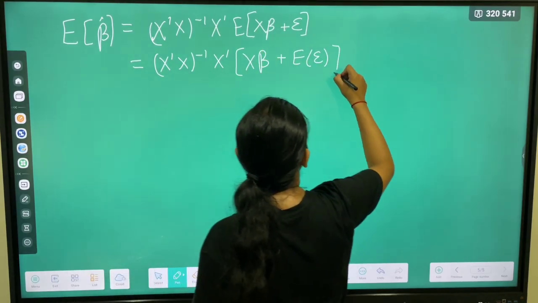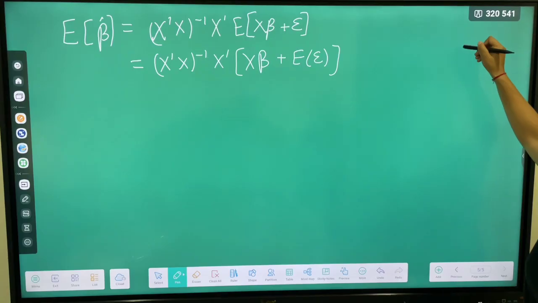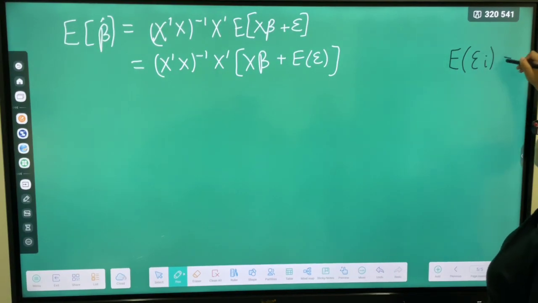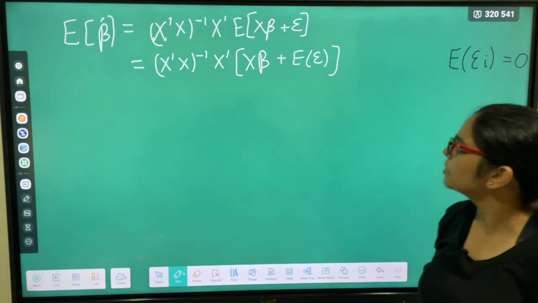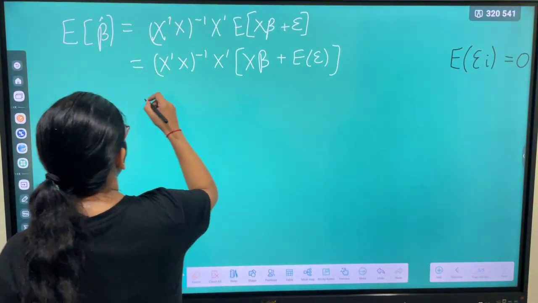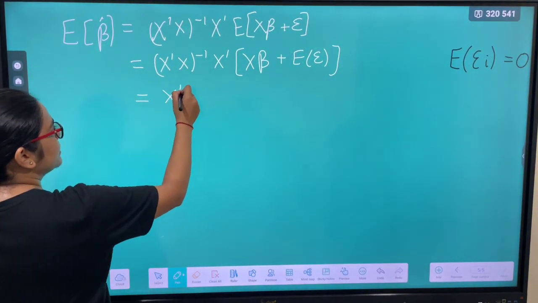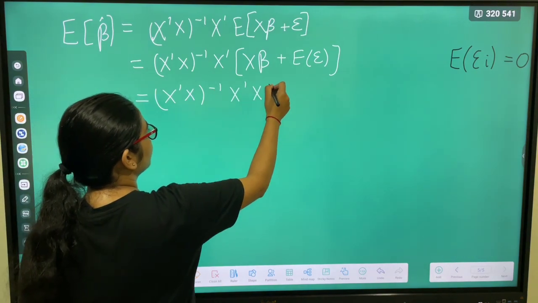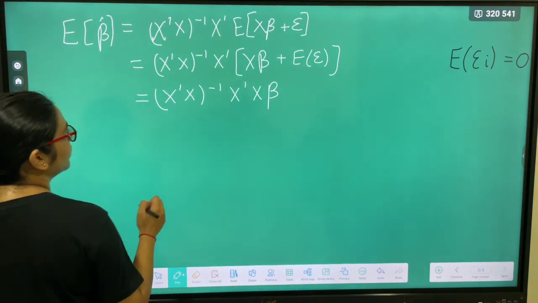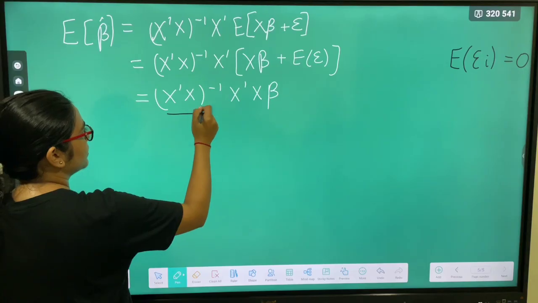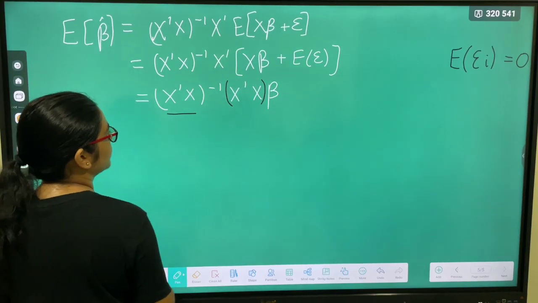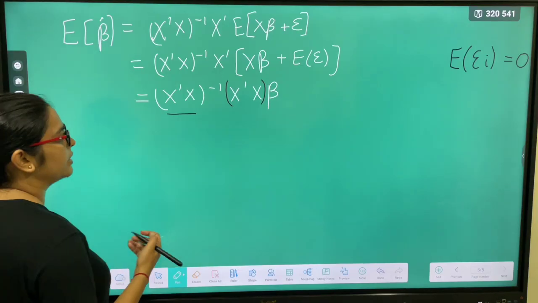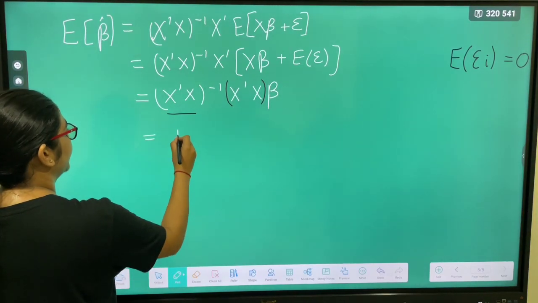Now, in the Gauss-Markov theorem, we have studied that expectation of epsilon i is equal to 0, which is the error term. So from here, this will become 0 and our term will be x dash x inverse x dash x beta. Now these two terms, x dash x inverse and x dash x, multiplied by each other, get cancelled and we are left with beta.